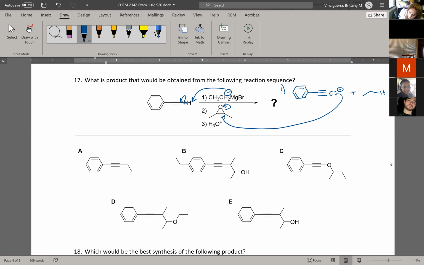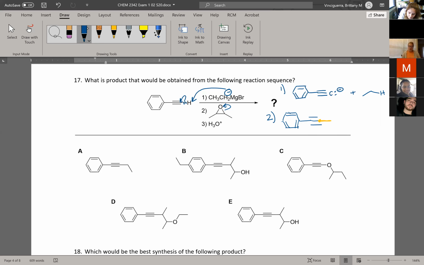Let me see, where can I draw this? I'm going to have to erase the arrow that I just drew. So this is definitely an area where students start to add and gain carbons, so be really, really careful. This is the bond that was just made. There's a carbon atom right here.